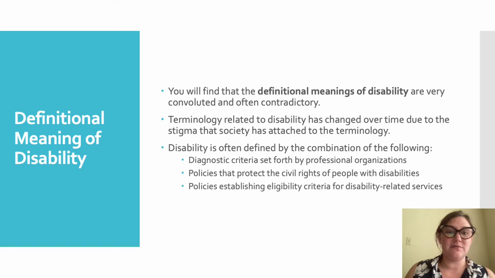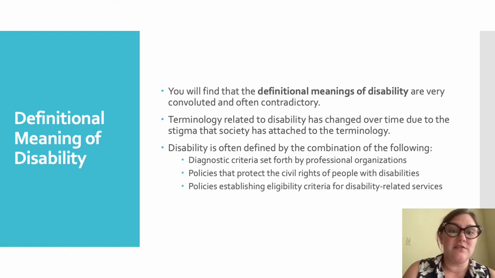Terminology related to disability has changed over time due to stigma that has been attached to the terminology. So you'll find that the common and current politically correct term is intellectual disability. However, in prior versions of the DSM, other terms were used like mental retardation.